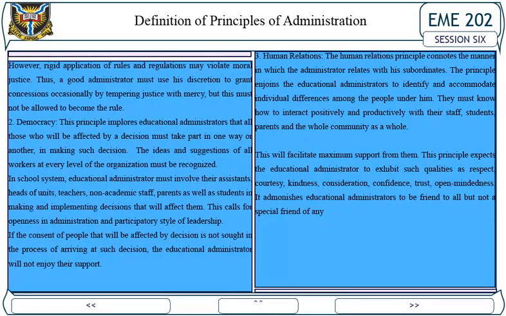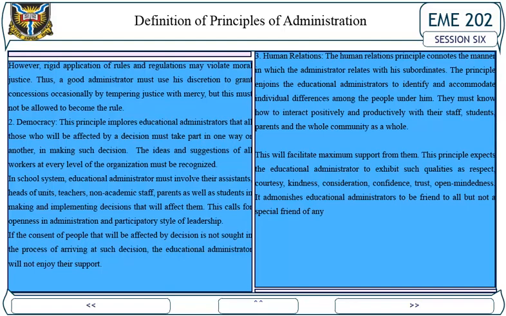1. Justice. This principle is primarily concerned with the protection of individual workers from abuse and any arbitrariness in the application of group norms in the organization. It is rigid to establish rules and regulations without victimization or repressiveness.